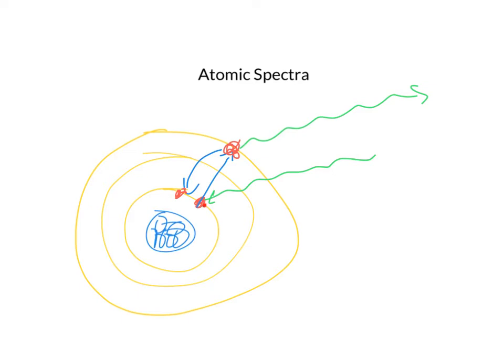A photon comes in, it transfers energy to an electron, which jumps up to a higher energy level. This isn't stable, so it jumps back down. As it jumps back down, it gives off that extra energy, in the form of some light or photons. The wavelength or frequency of that light will just depend on how big that jump is, and different types of atoms will give off different spectra.